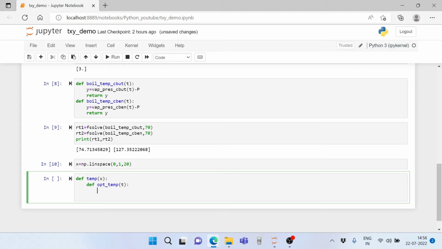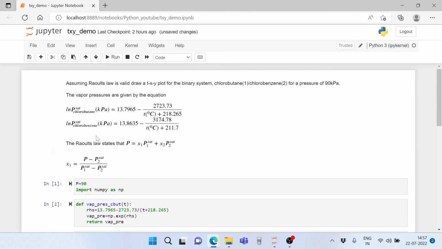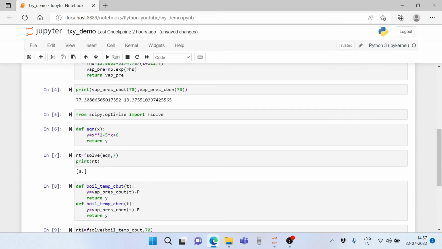So this is going to be Y is equal to, first it's going to be X, and then afterwards, in brackets, we are going to put this value. Now remember this expression gives you x1. So we are going to optimize this. This Psat is a function of temperature, right?